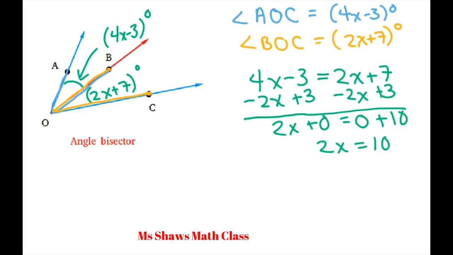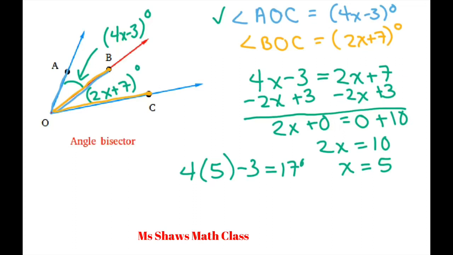Divide both sides by 2 using your division property of equality. You get x equals 5. So to find the angle, you plug it in. So we're going to take this one and do 4 times 5 minus 3. That equals 20 minus 3 is 17 degrees.